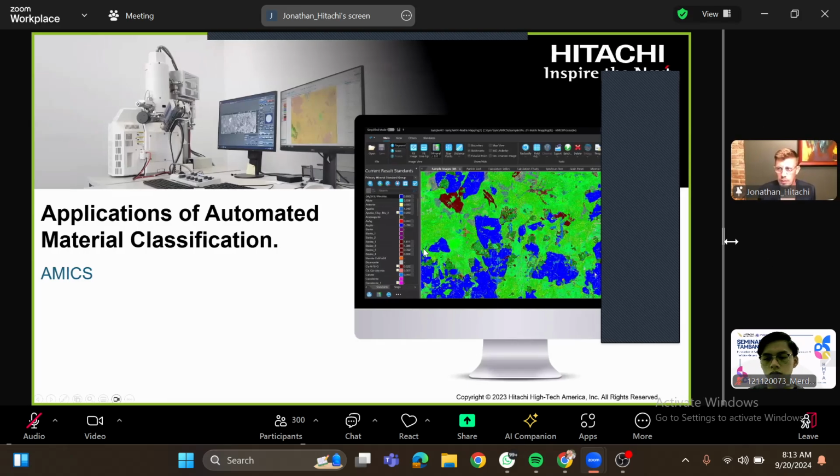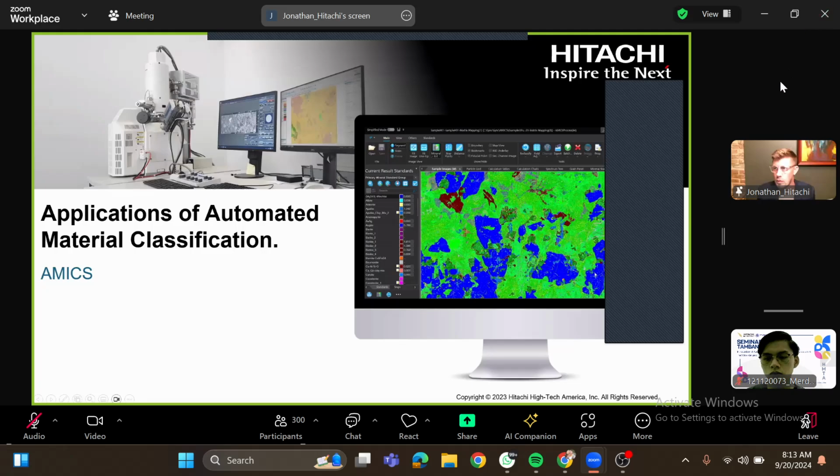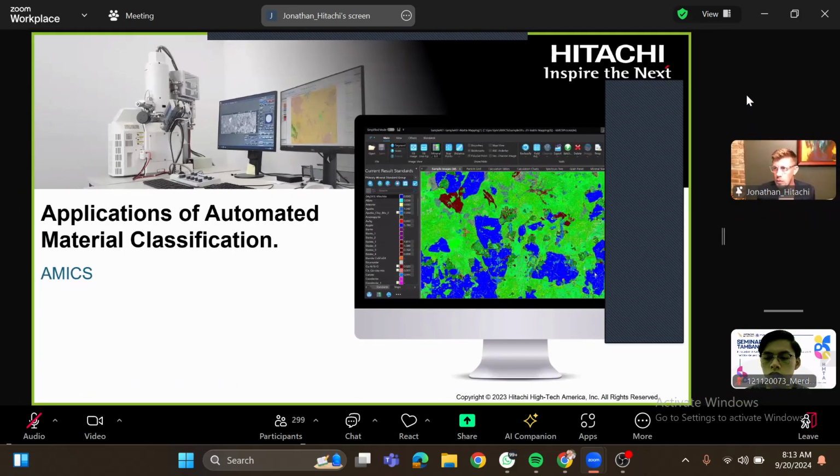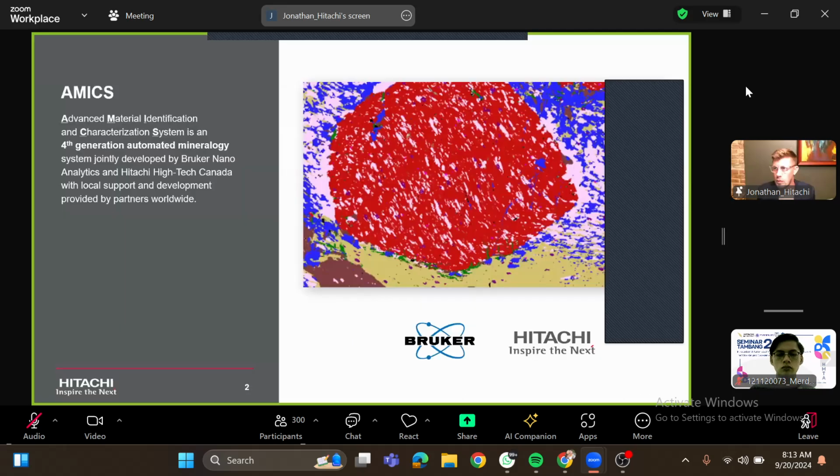So today we are going to be talking about AMICS and the applications of automated materials classification in geoscience and the materials world. AMICS stands for Advanced Material Information and Characterization System.